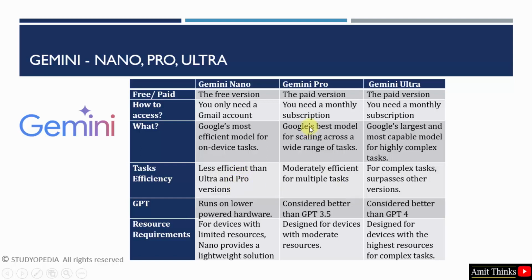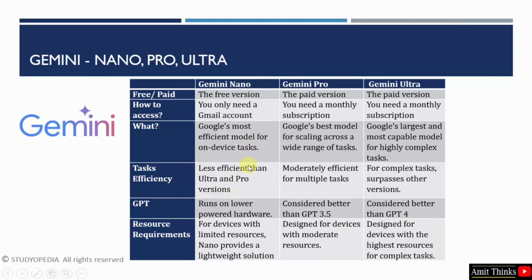Gemini Pro and Ultra can be compared with the GPT versions. Pro is considered better than GPT 3.5, and the Ultra version, that is the advanced version, is considered better than GPT 4.